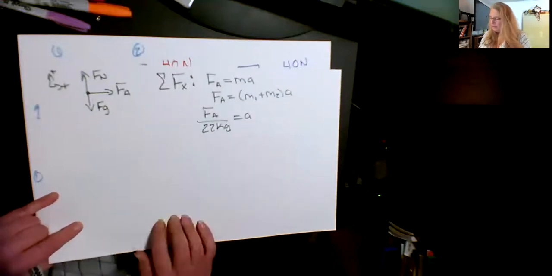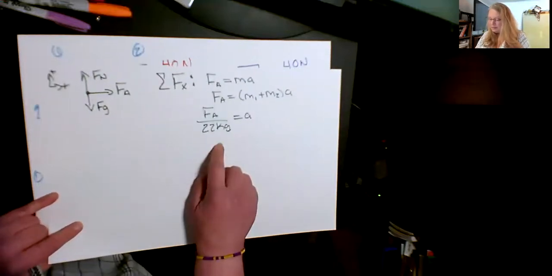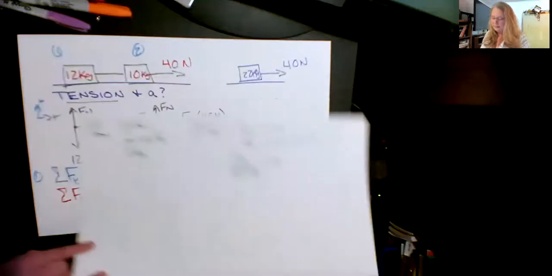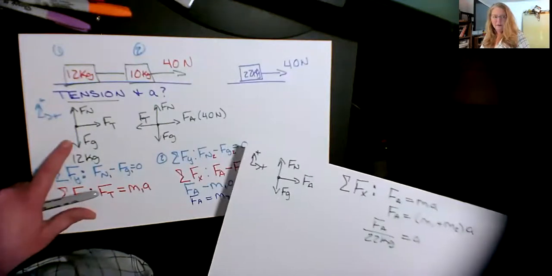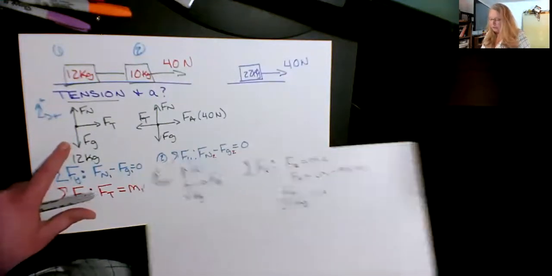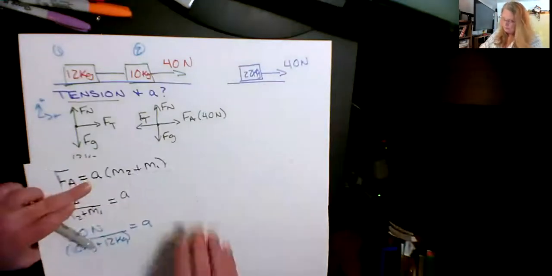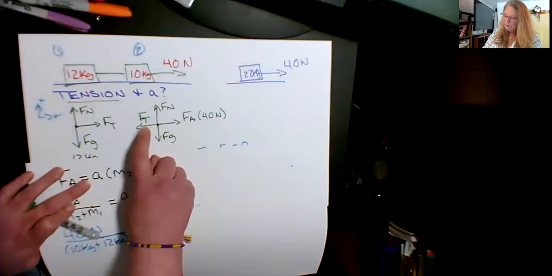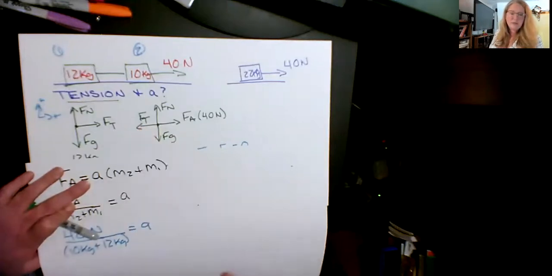Well, we have acceleration. The downside to this is the one thing I don't have is my force of tension, because notice that's an internal force. That didn't appear here, but I have it here. So I have two options. I know what this force applied is. I don't know what this is, but I know what the acceleration is.